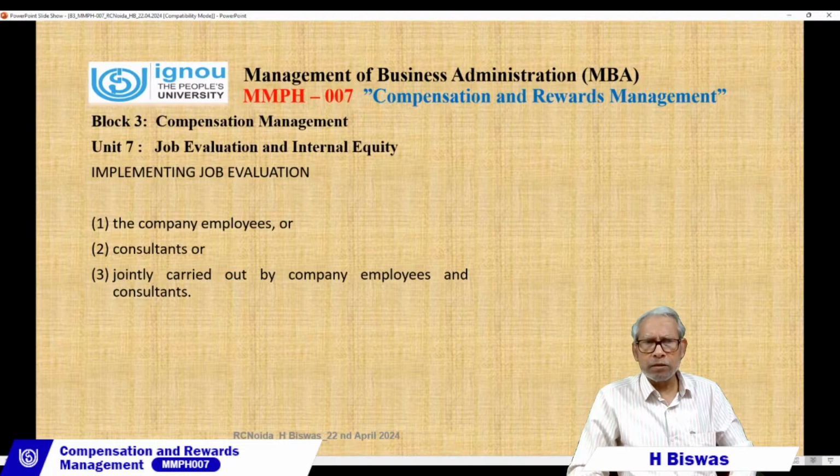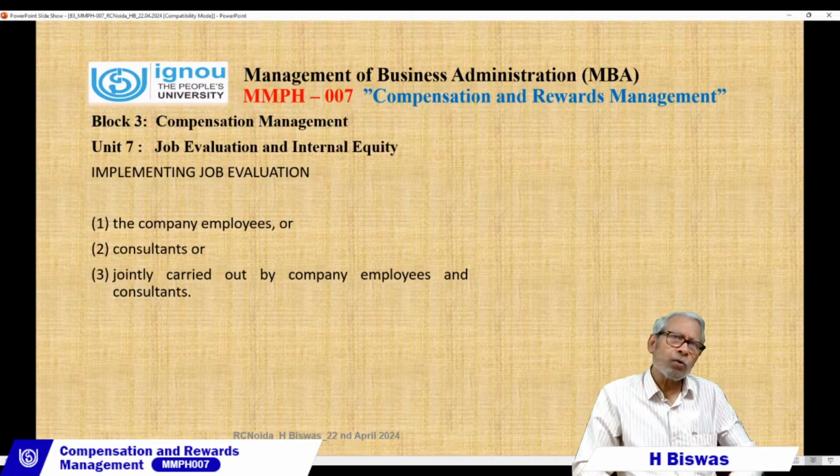Our third option is jointly carried out by the company employees and the consultants. Some of the experts who are a little bit intelligent and know how things work can perform the things along with the consultant. The third option is very good, because once the consultant's terms and conditions are completed, since it's an agreement period, maybe 1 year or 2 years, you appoint a consultant for these jobs. Once they leave, they hand the job over to the organization.